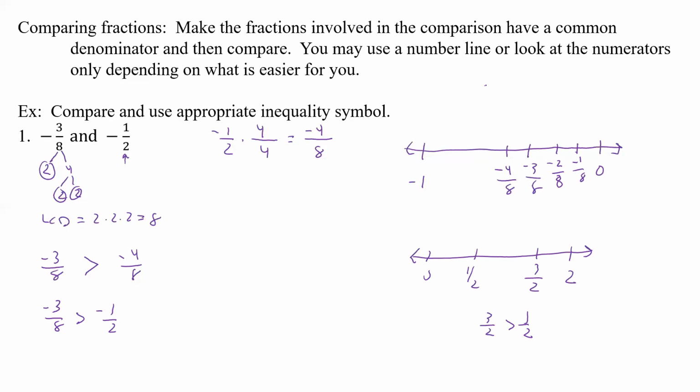If we had a negative 4 and a negative 3, which one is bigger? Well, 3 is further to the right than 4, and so it's going to be bigger than that one. Or when we write it back down, 3/8 versus the negative 1/2, the negative 3/8 is bigger than the negative 1/2.